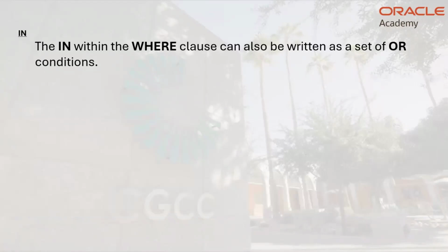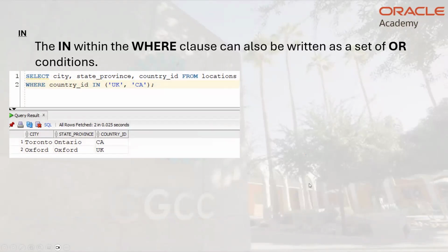So the IN within the where clause can also be written as a set of OR conditions. Remember, if you know your truth tables, you can do this. Let's say select city, state province, country ID from locations where country ID IN UK and CA, UK or Canada.